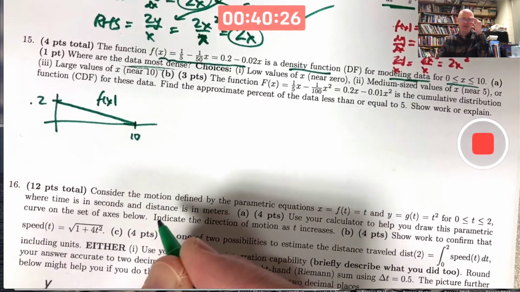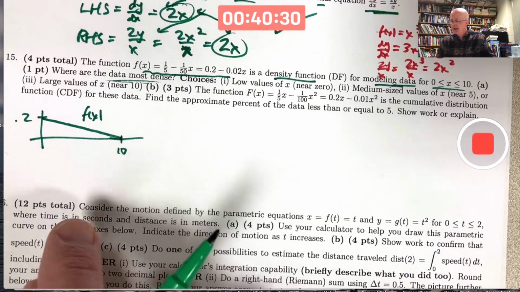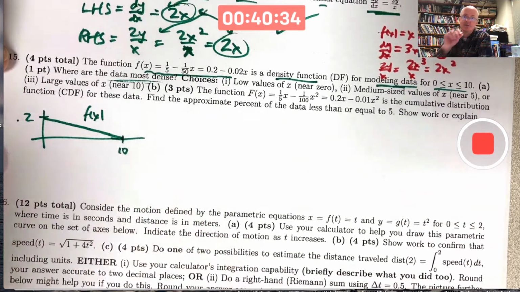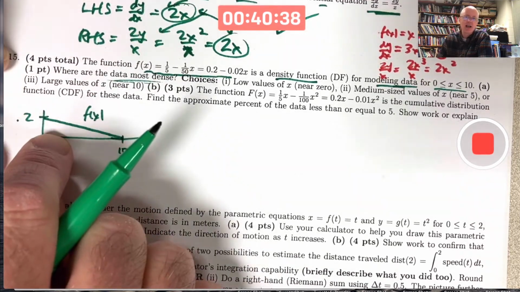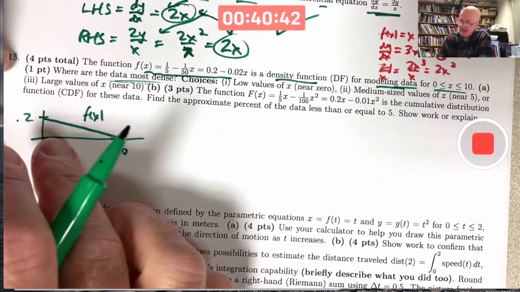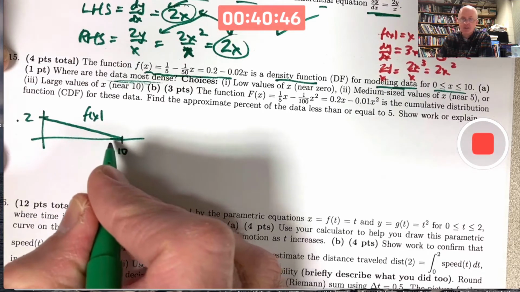As a density function, this applies not just to data, but it actually applies to physics too. If this is representing the density of data or the density of, say, a thin rod of metal, where the graph is higher, that's where it's most dense, okay? So the data would be most dense where this graph is highest, near 0, and lowest, near 10.